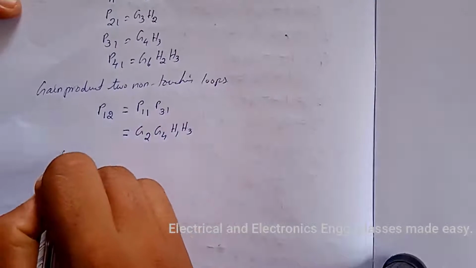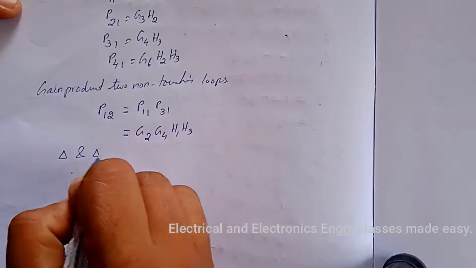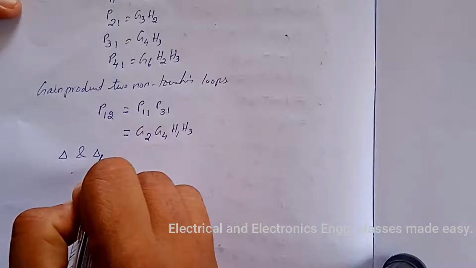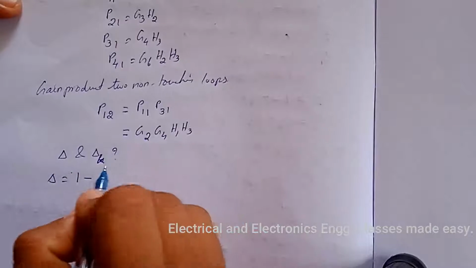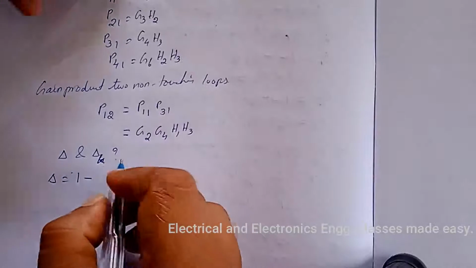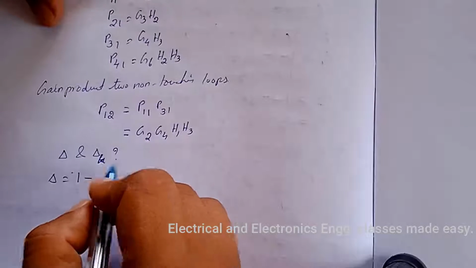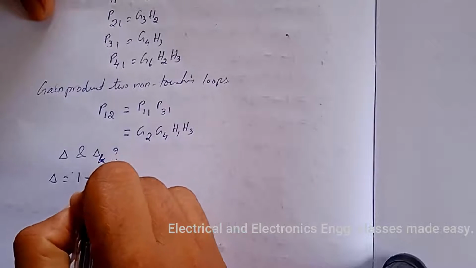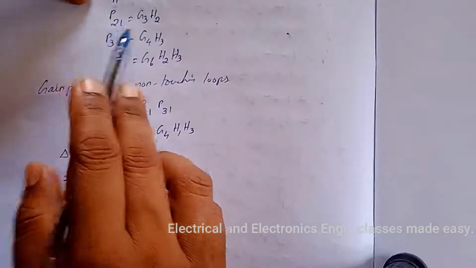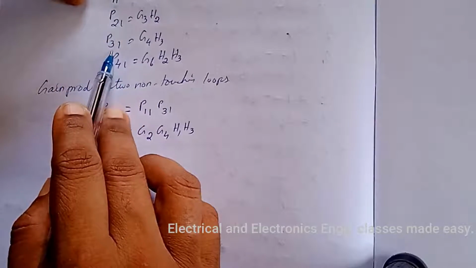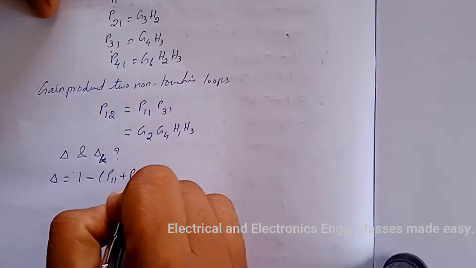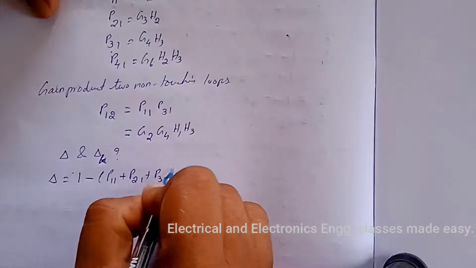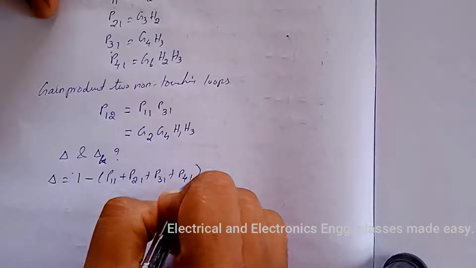Now we have to find the values for delta and delta K. Delta is equal to 1 minus sum of individual loops, and the individual loops are P11, P21, then P31, P41. That is P11 plus P21 plus P31 plus P41.